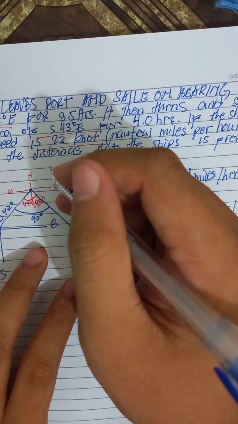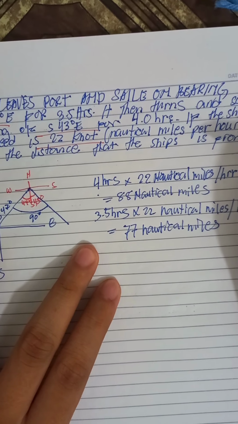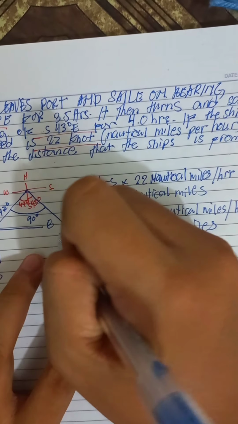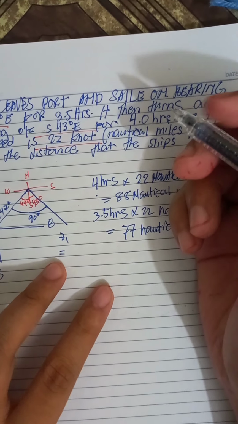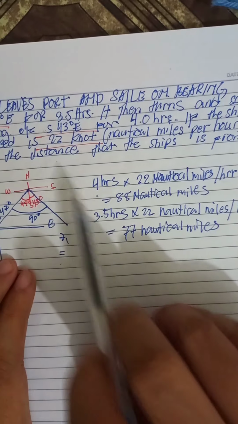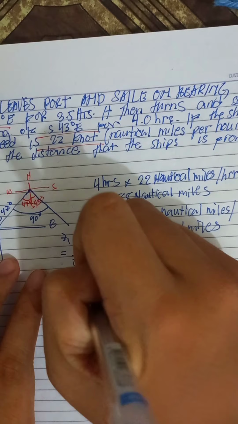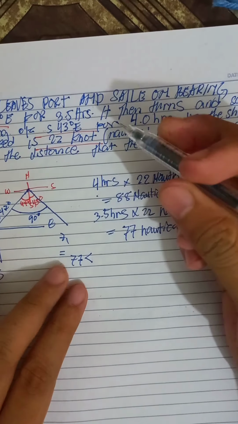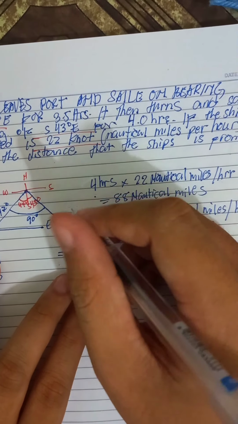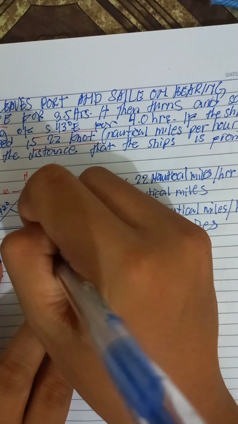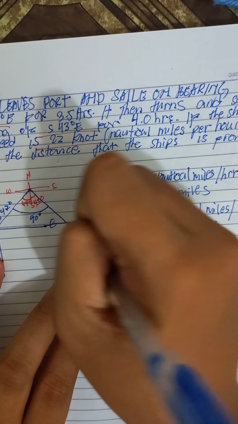Our z1 equals 77 angle of 0, since 47 is the angle, this will be 0 angle.